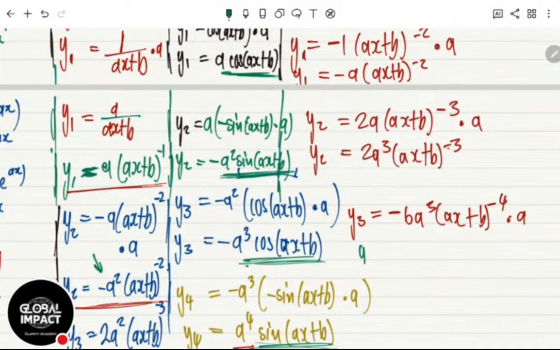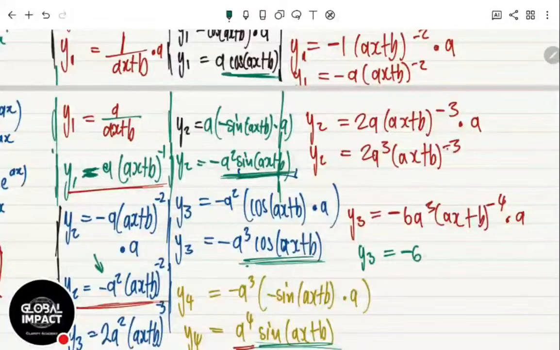Then you're going to have your y3 being equal to negative 6a to the 4, and this is ax plus b, to the negative 4.